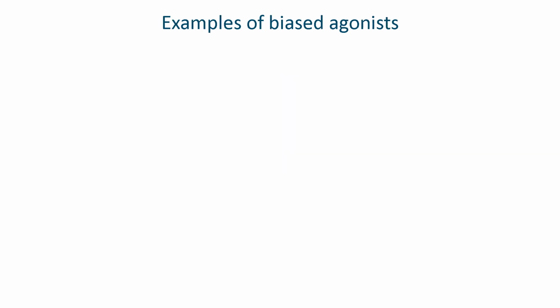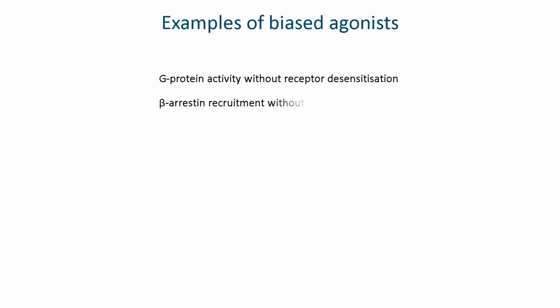So, biased agonists can stimulate either of two modes of signaling, preferring one over another. Agonists may be perfectly biased to activate the G-protein without stimulating the beta-arrestin pathways and receptor desensitization. Other agonists may be perfectly biased to activate beta-arrestin signaling and receptor desensitization without activating the G-protein.